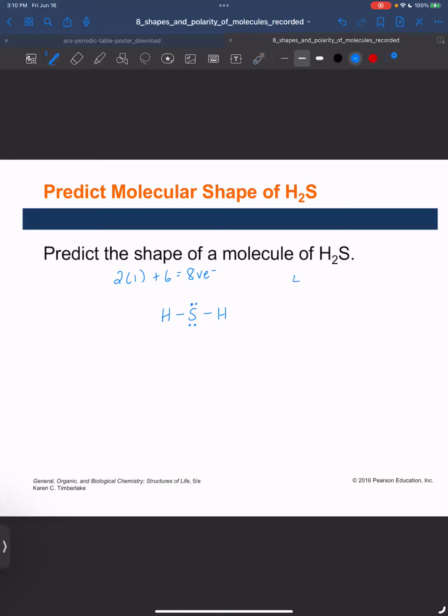So we have 4 electron groups, which implies that we have tetrahedral electron group geometry. But because we have 2 lone pairs, the molecular geometry is bent.